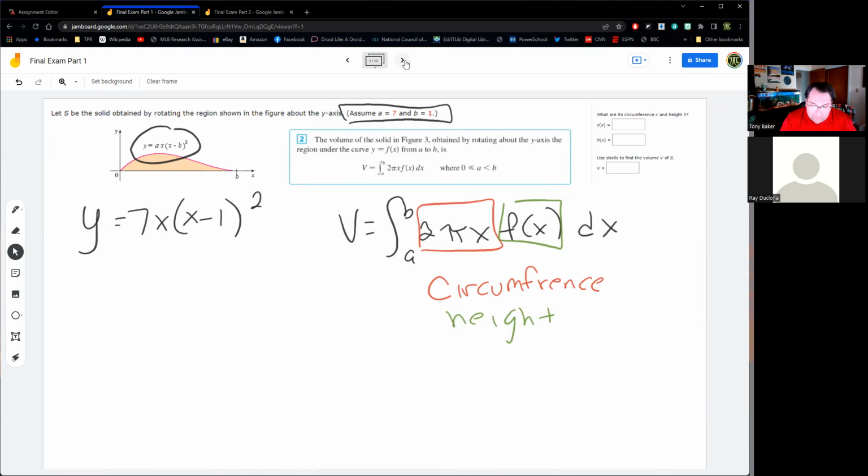Once you're writing the formula, the actual information is already going to be given to you. In this case, we're going from 0 to b, so it's 0 to 1. I've got 2 pi x, and then 7x times x minus 1 squared dx.